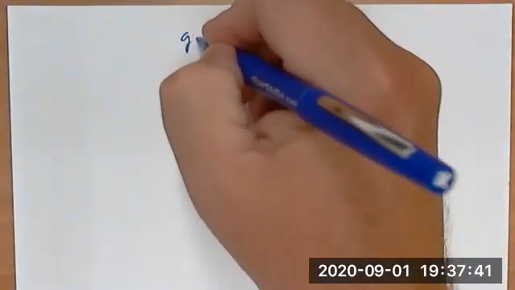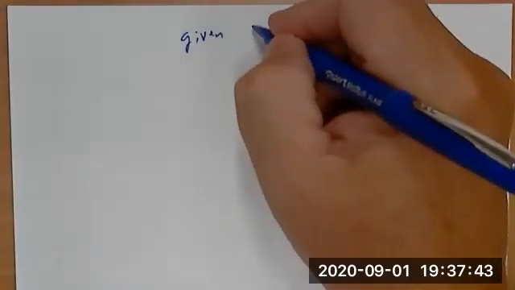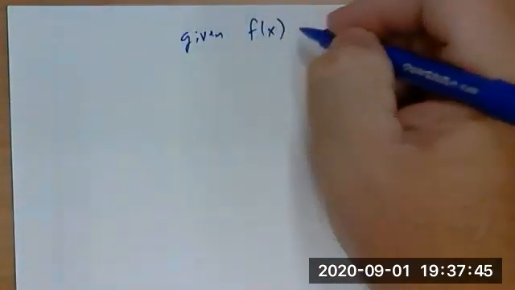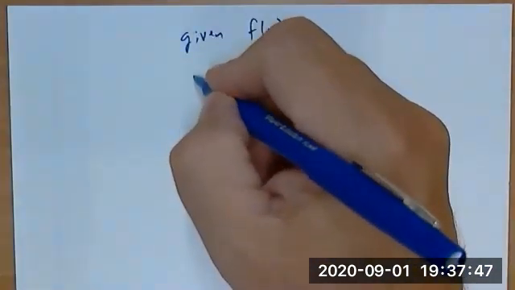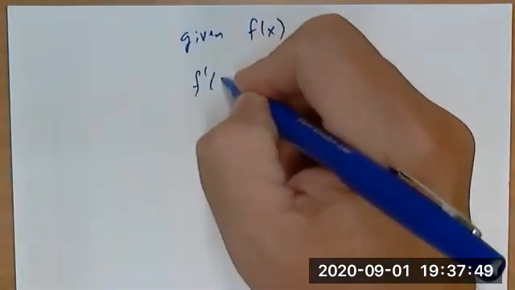But like a lot of math, sometimes they want you to do things the hard way and then maybe appreciate the easy way. So the whole key is, if we're given a function, f of x, this is how we're going to calculate the derivative.